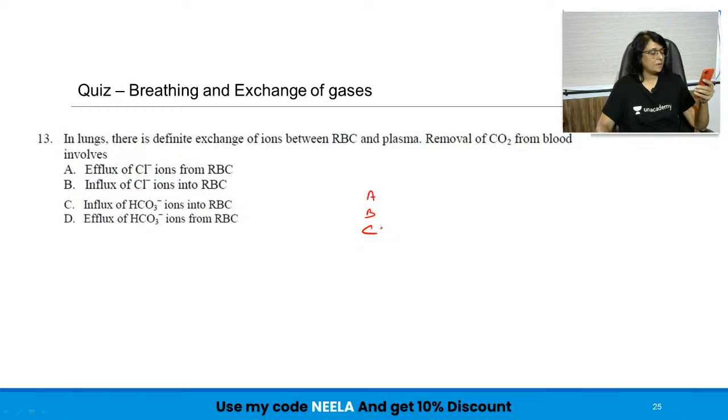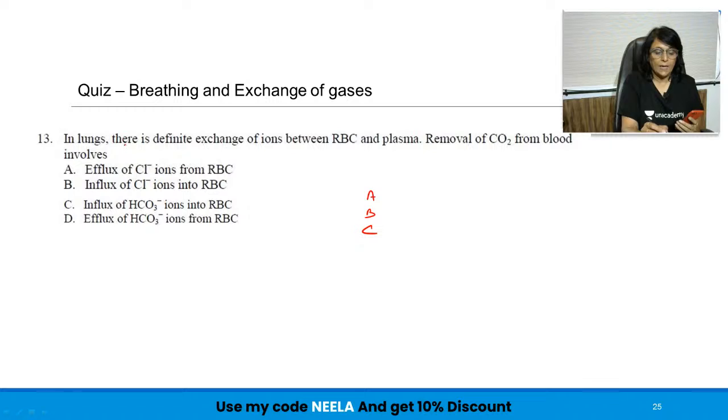Fatin is saying A. So A, B and C are the answers which we got for this question.